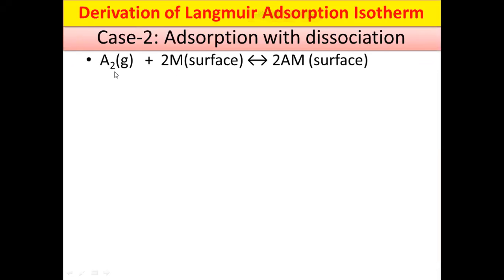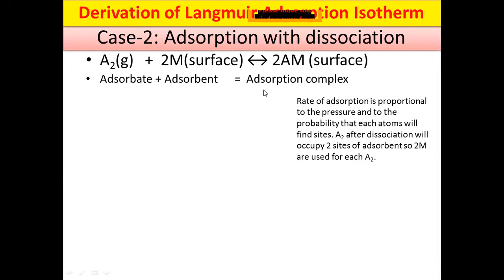And here this is another case, and this is the same equation we have used in case one, which was about adsorption without dissociation, and this is the equation with dissociation. And here what is the difference?